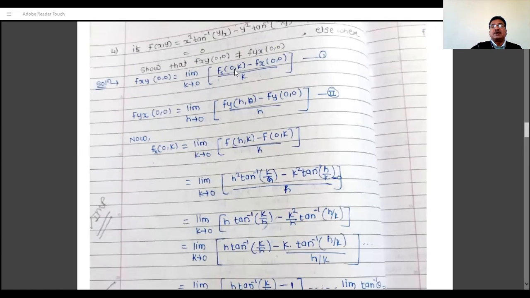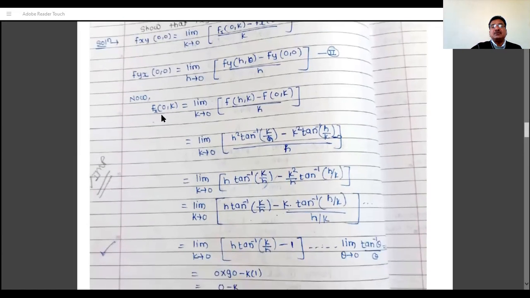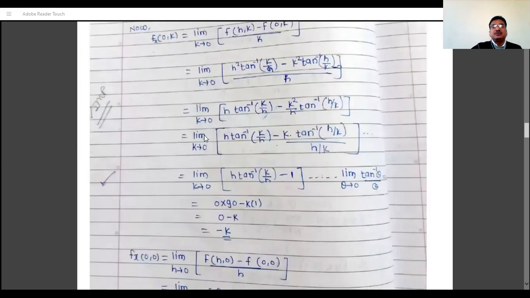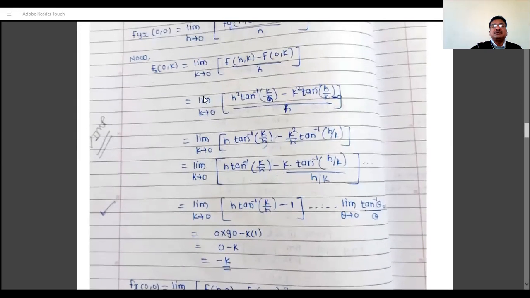First fx(0,k). Derivative with respect to x means limit h tends to 0. This is not fx(0,k); this is wrong. Fx(0,k) means limit h tends to 0, f of (0 plus h, k) that is f(h,k), minus f of (0,k), divided by h.